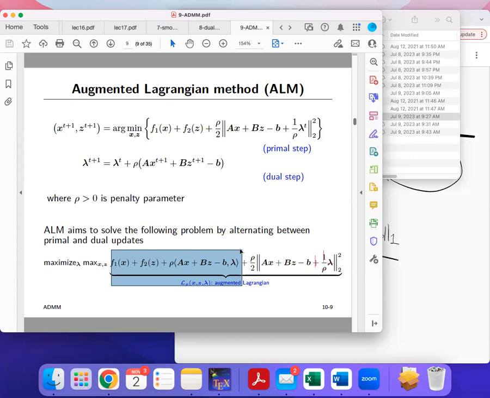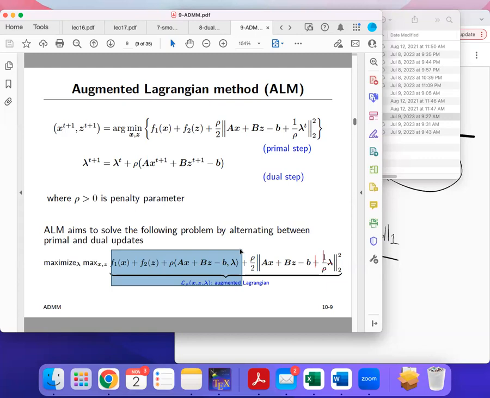But we augment it by adding an extra penalty term. This extra penalty term penalizes the violation of this equality constraint, because it's rho over 2 times the L2 squared norm of the constraint violation. That's why we call it the augmented Lagrangian function: the Lagrangian function augmented by this extra penalty term.